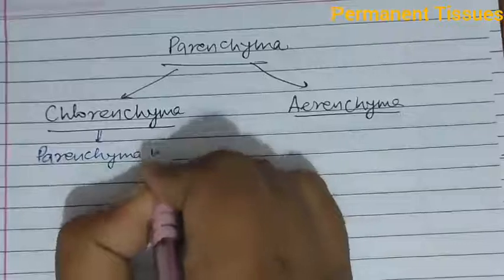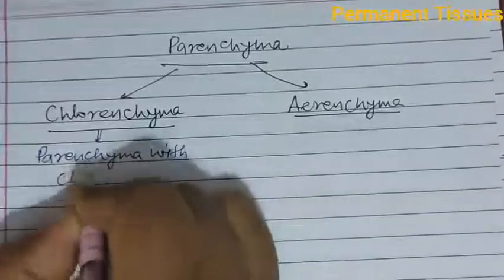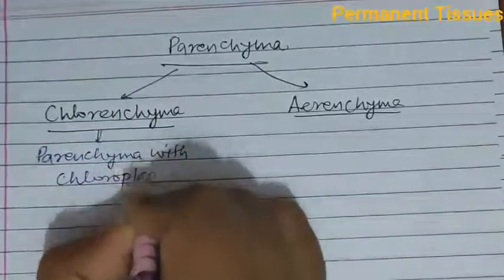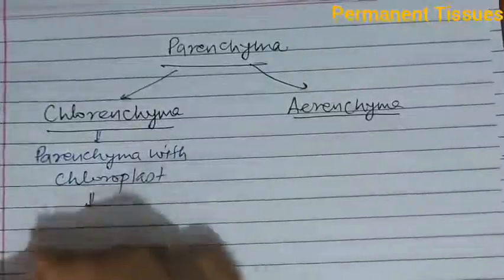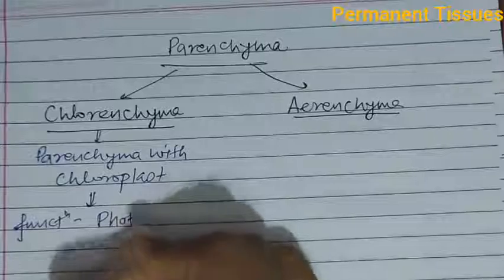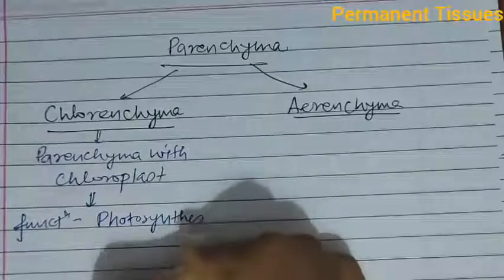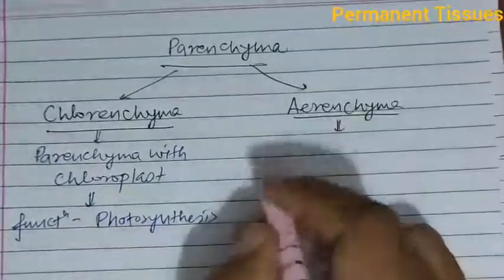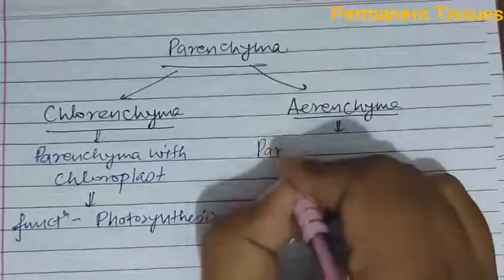Parenchyma with chloroplast is known as chlorenchyma. What is the function of it? The function is photosynthesis.